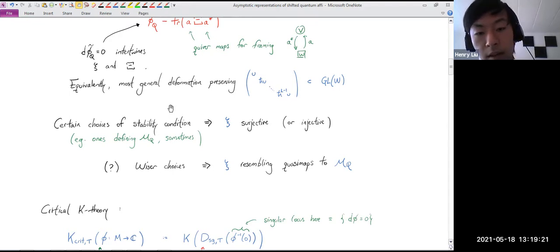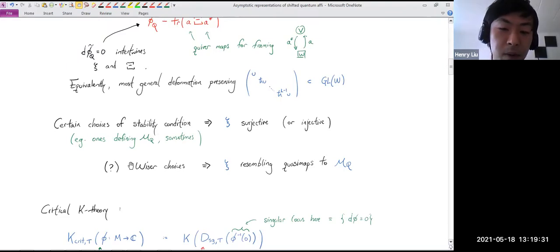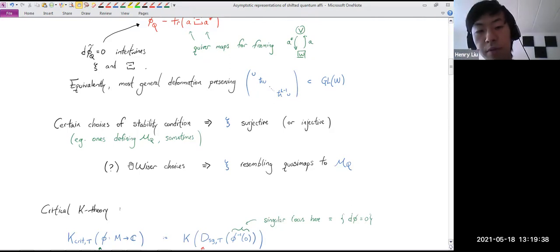That said, hopefully there are wiser choices of the stability condition, which will provide for us not flags of quiver representations, but rather chains of quiver representations which resemble quasimaps to the Nakajima quiver variety.